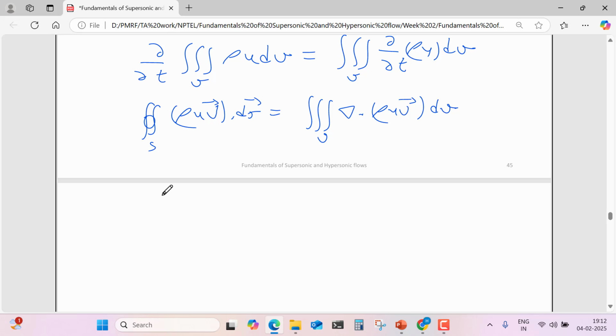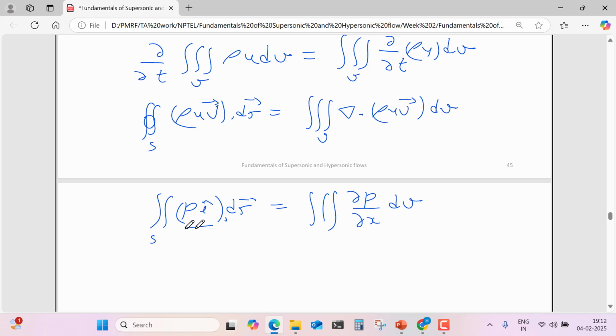So p î·dS equal to triple integration ∂p/∂x dV. I have directly multiplied it with the operator. We have to take only the i component, so directly I have taken the i component of this.